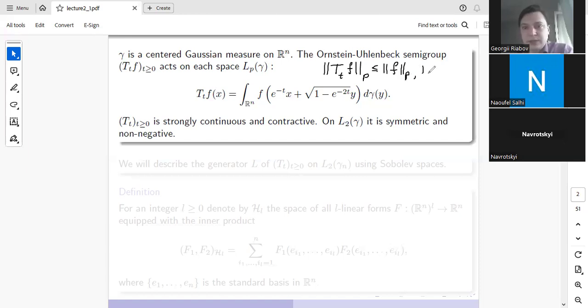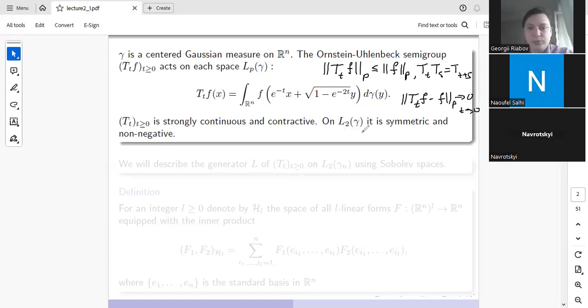It has the semigroup property, and it is strongly continuous in the sense that the norm of the action of the semigroup minus f in LP converges to 0 when t converges to 0. And this is true for all f from LP.